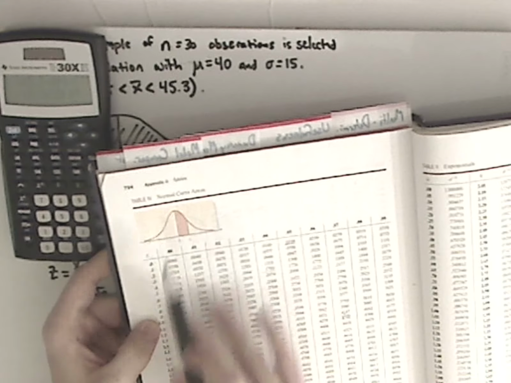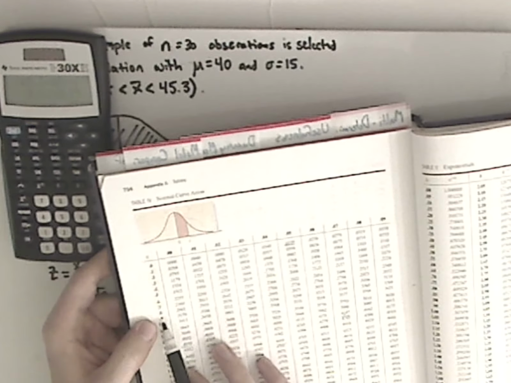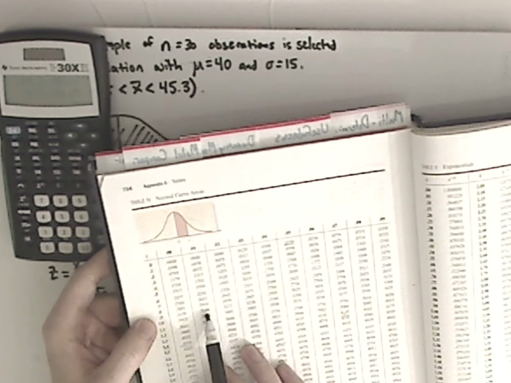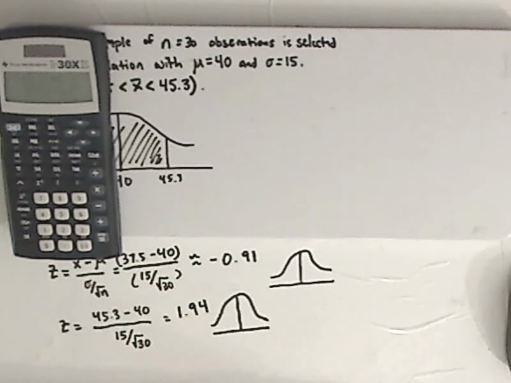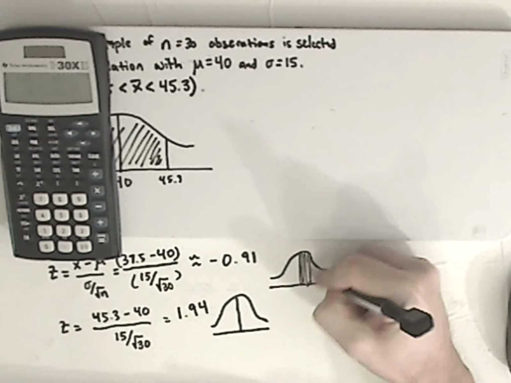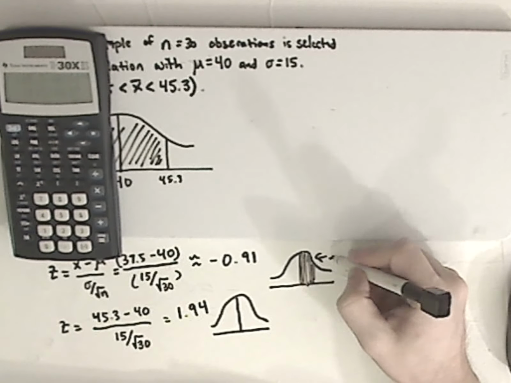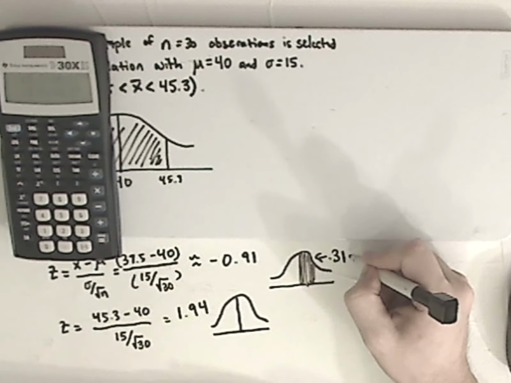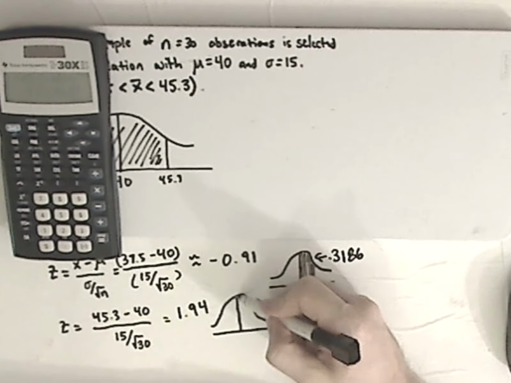It's symmetrical, so the area from here to here is the same as the area from here to here. So 0.91 is 0.3186.